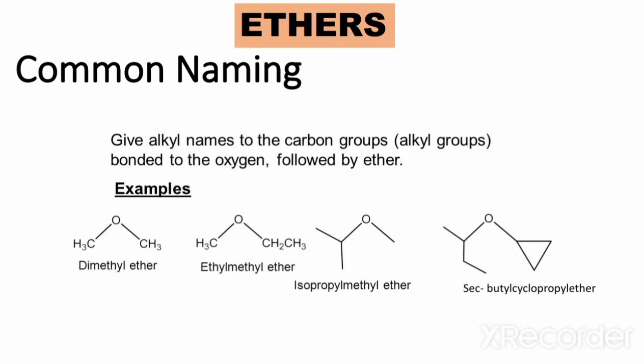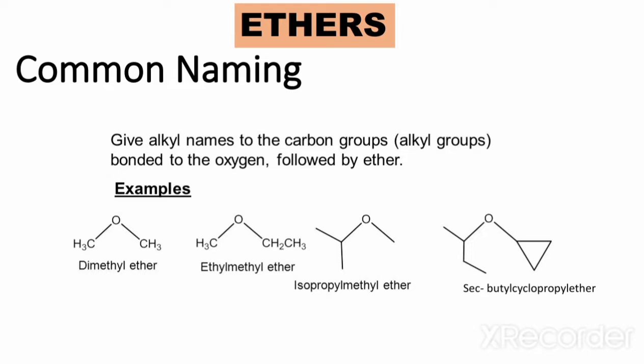As you can see, ethers are those compounds in which there are two alkyl groups attached on both sides of the oxygen atom. These are some examples of ethers. The first one is dimethyl ether.